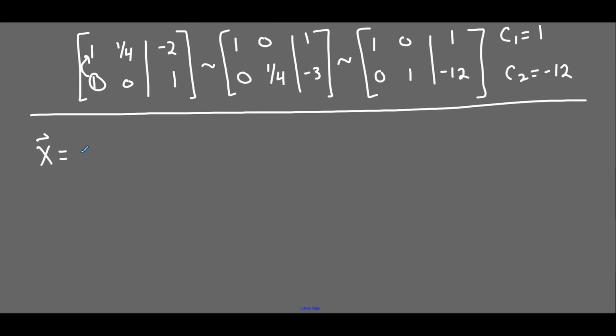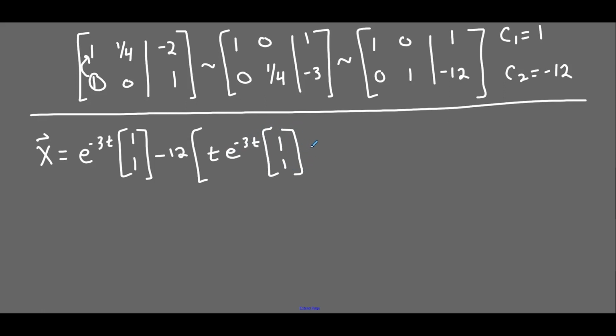So X would be 1 times e to the negative 3t times that eigenvector 1, 1, and then negative 12 times this big vector, t e to the negative 3t times 1, 1, plus e to the negative 3t times the vector 1/4 and 0. So now I think it does make sense to try to put all this together into something that makes a little bit more sense. We can simplify this a little bit.